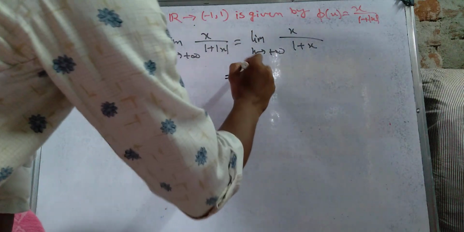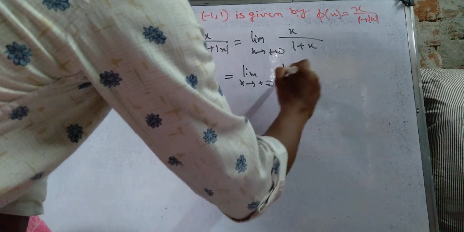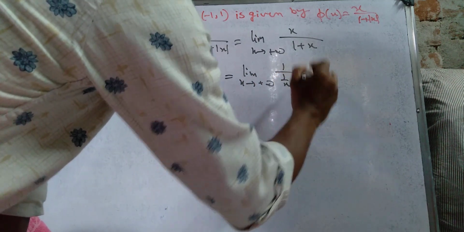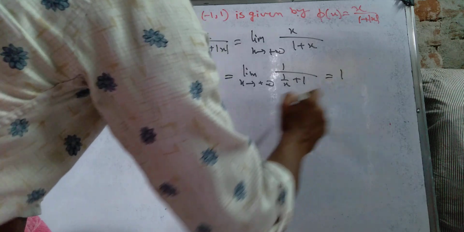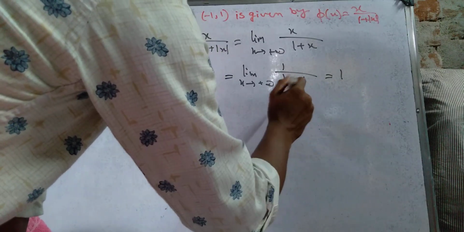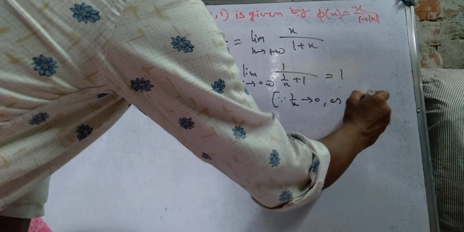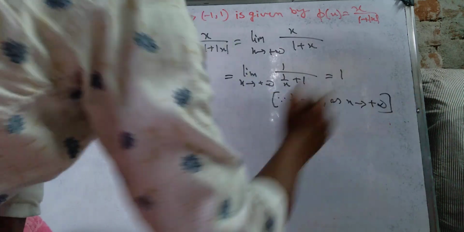This implies limit as x tends to plus infinity of 1 by (1 by x plus 1). This equals 1, since 1 by x tends to 0 as x tends to plus infinity.